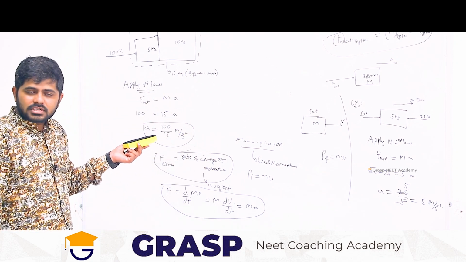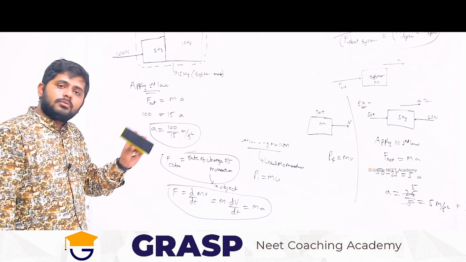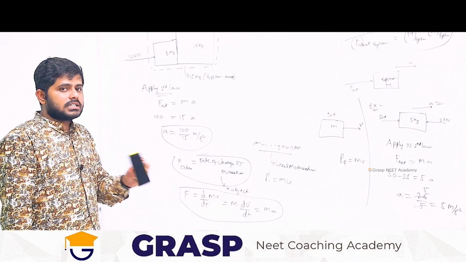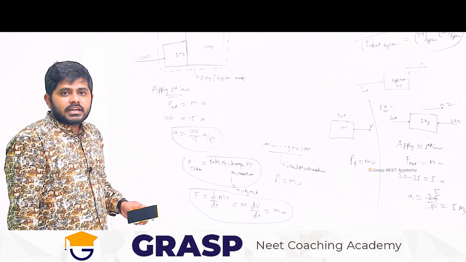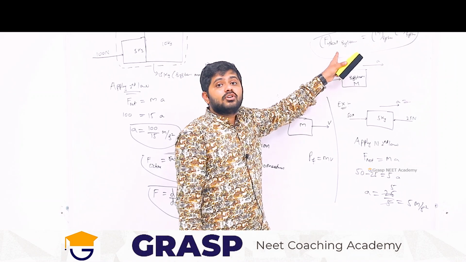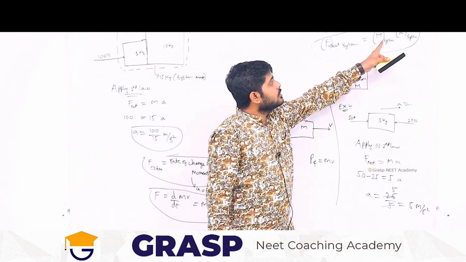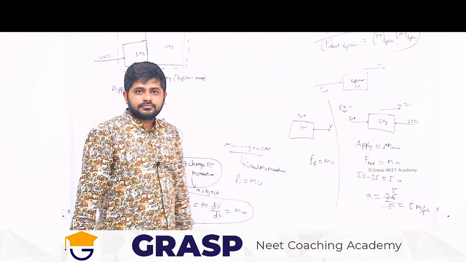The first law is that unless you apply external effort the object won't move, and we can't stop it if the object is in motion. In the second law he said the net force acting on the system is equal to the mass of that system times the acceleration of that system.